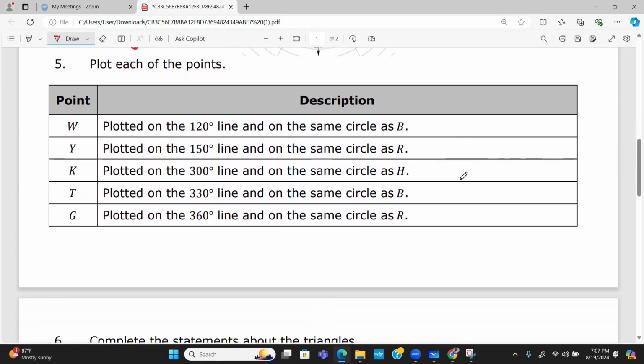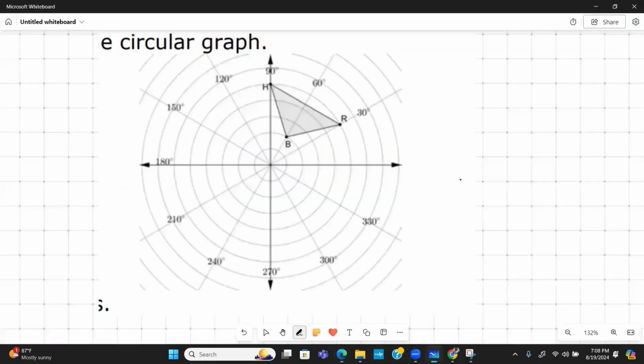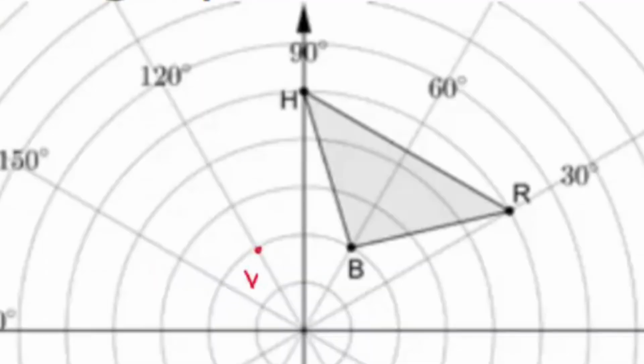To plot the point W, we're going to plot 120 degrees on circle B. We go where circle B is, look for 120, and mark that spot. This is circle B right here. On circle B, we're looking for 120 degrees. It's going to be right here. This is W.